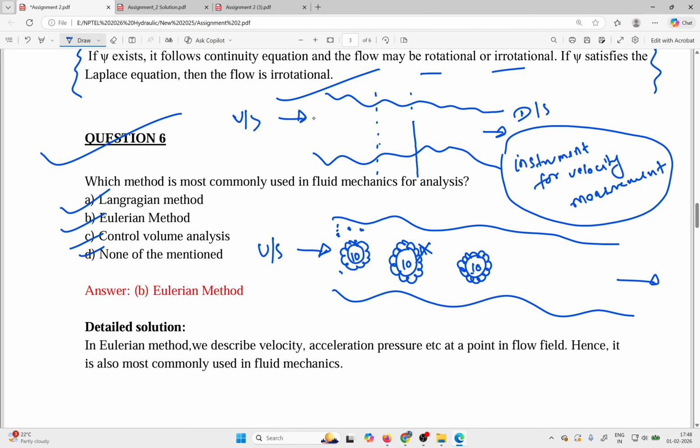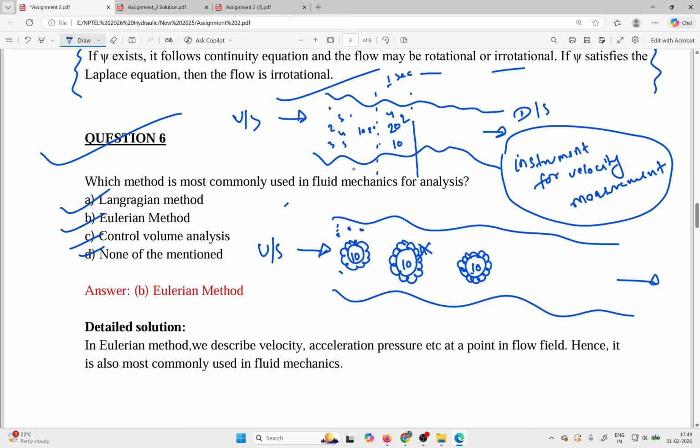Let us suppose there are millions of particles there. At 1 second, you measure the speed of, let us say, particle 20. Then in the same place, you are not changing the place, here your place is fixed, and time by time the particle changes. Then you measure for 10, you measure for 4, you measure for 2. Like that. This is the Eulerian approach.